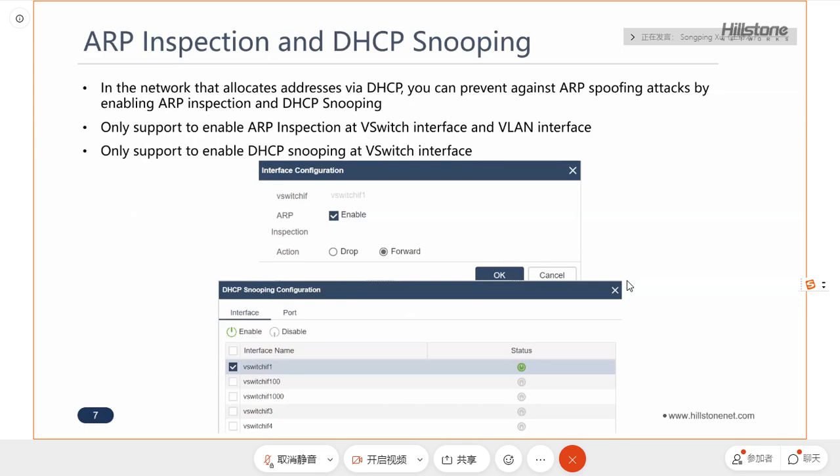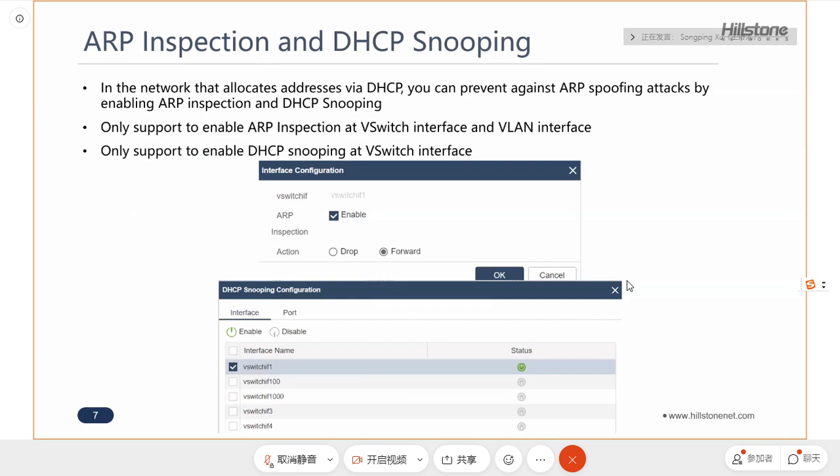And the second one is ARP inspection together with DHCP snooping. In the network, if all the addresses are distributed through the DHCP server, you can enable both ARP inspection and DHCP snooping functions to prevent ARP spoofing attacks. In this case, we are able to detect ARP with the IP MAC binding and also the IP address distributed through the DHCP server that is bound with the MAC address, and also prevent any fake DHCP service.